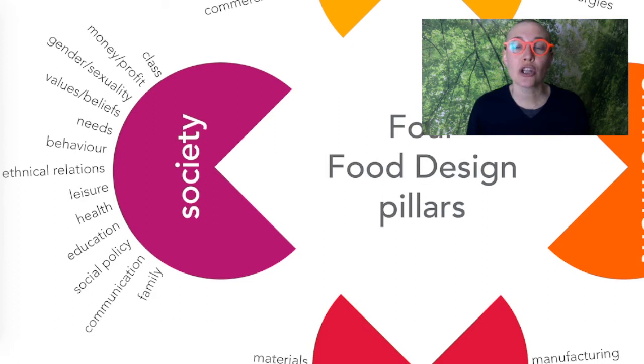For this reason, food designers should consider issues related to class, gender and sexuality, values and beliefs, needs, behaviors and interactions, and ethical relations. Food is identity, so it can have an impact on ethical identity. Also leisure, education, health, social policy, communication, and family.